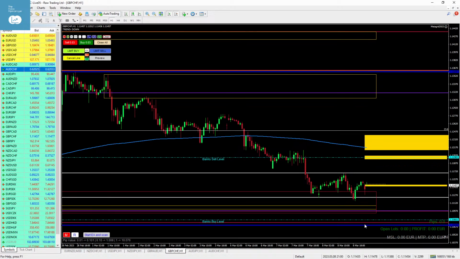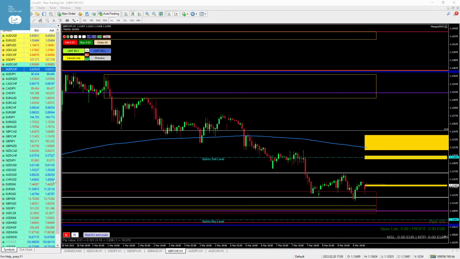So this complete area could act as support, and maybe this pair wants to go further down, so that we see buyers step in in this area and not at the moment. So if this tomorrow does not go further up, I think the pressure is more on the downside than on the upside for this pair.